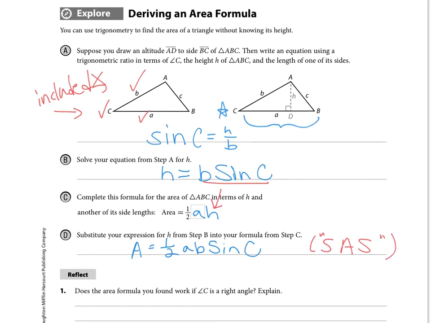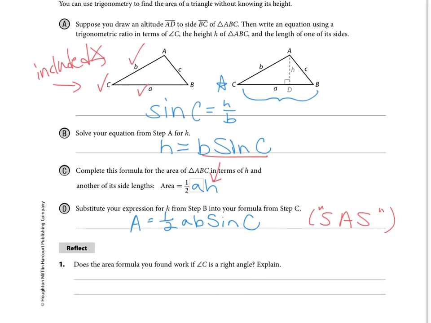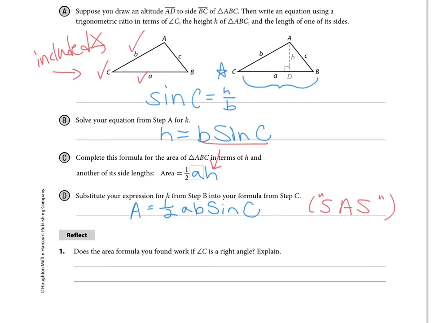So if we continue and reflect here on this area formula, it says, does the area formula you found work if angle C is a right angle? So let's think about that. If angle C is a right angle, then this formula is really area equals 1/2 a b, and a right angle would be the sine of 90. Well, if we think about what the sine of 90 degrees is, if you do it on your calculator or you think about a 90-degree angle, you would have the opposite and the hypotenuse being the exact same length.